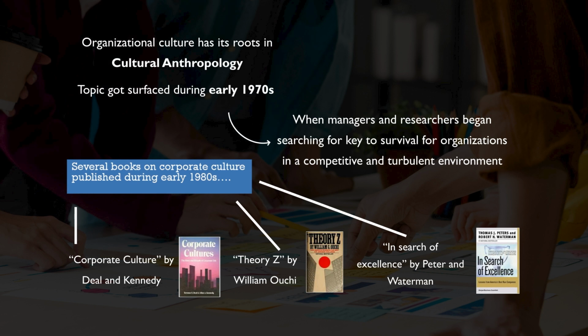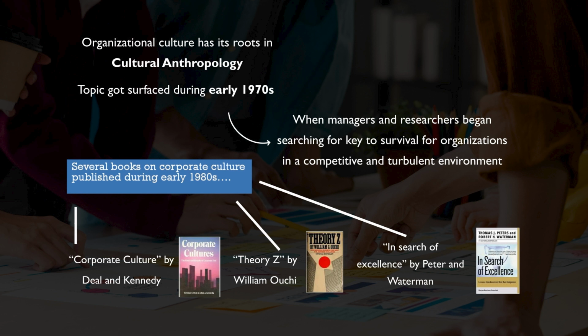In the early 1980s, if I recall, several books were written on organizational culture. For example, there is a classic book written by Deal and Kennedy, who speak about corporate culture.